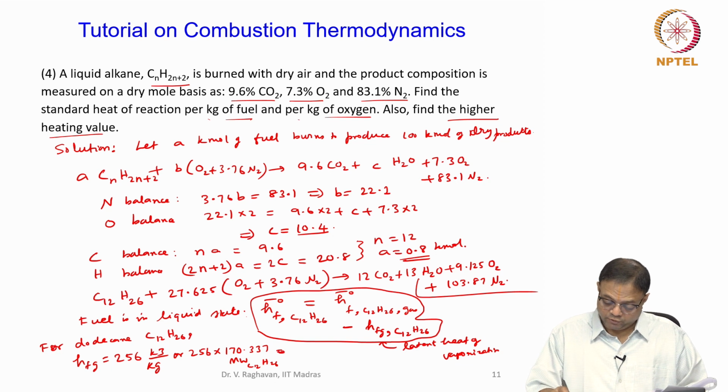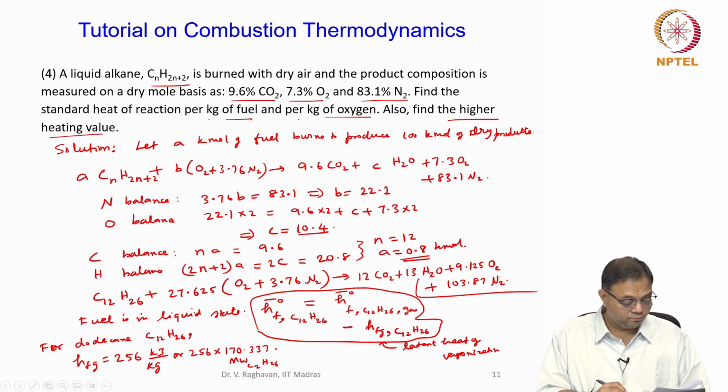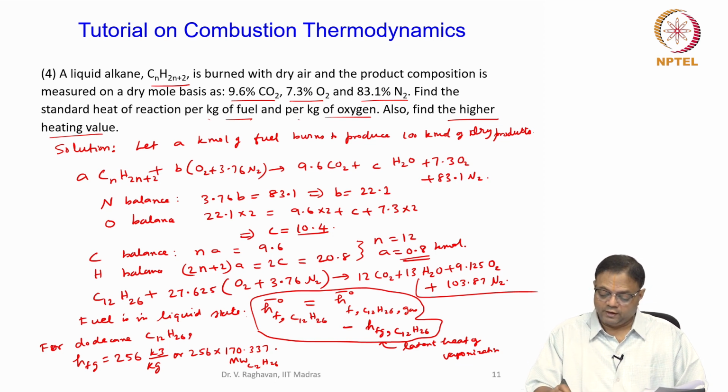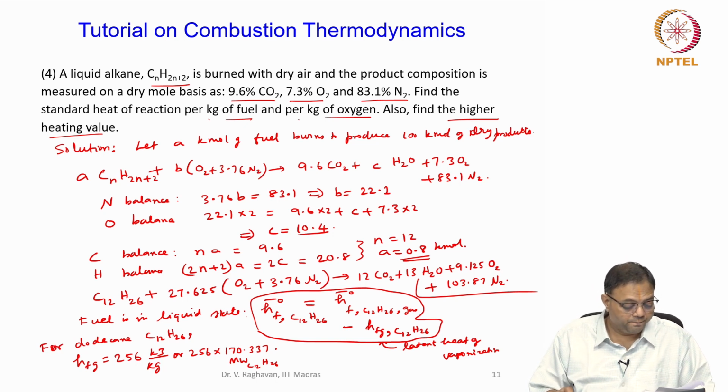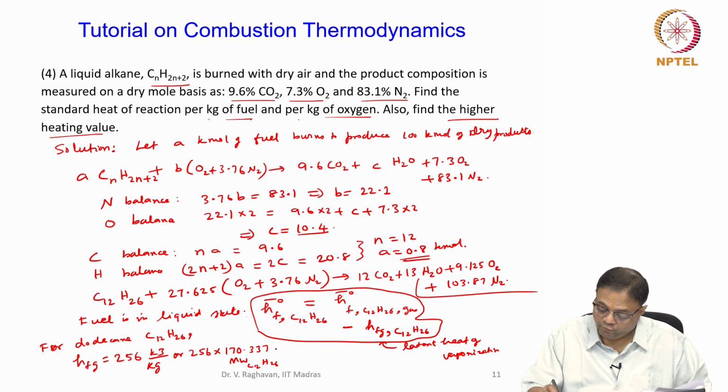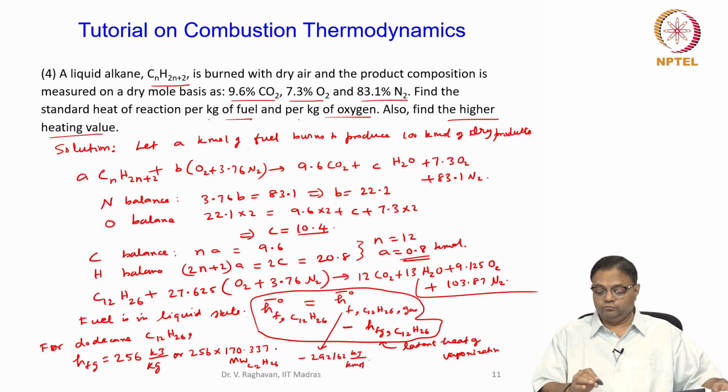You can calculate this, so that is the value of hfg. Similarly, I can take the enthalpy of formation from the table, so I can calculate the enthalpy of formation of liquid dodecane. Here the enthalpy of formation of the gas will be minus 292,162 kilojoule per kilomole. Okay, so this is done.